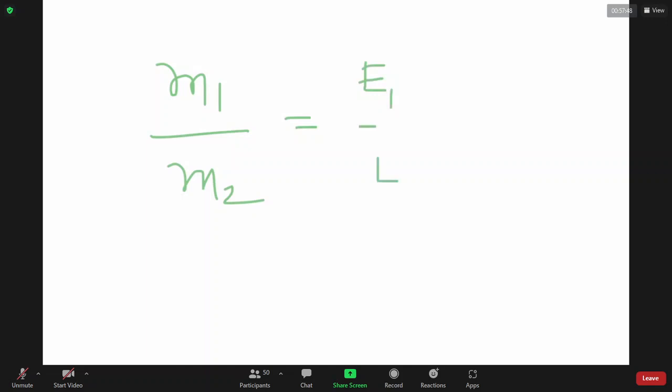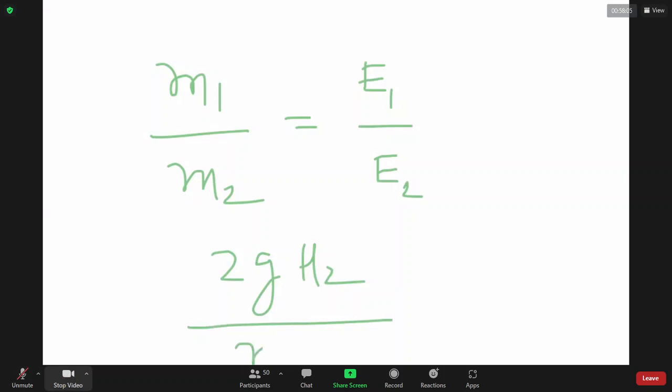Also notice, mass of element 1 produced by mass of element 2 produced during the electrolysis is equal to E1 by E2, where capital E represents chemical equivalent. For example, in a certain experiment, I have produced 2 grams of hydrogen. For passing the same amount of charge, what mass of aluminum do I get?